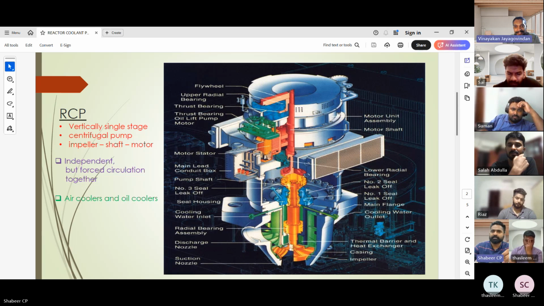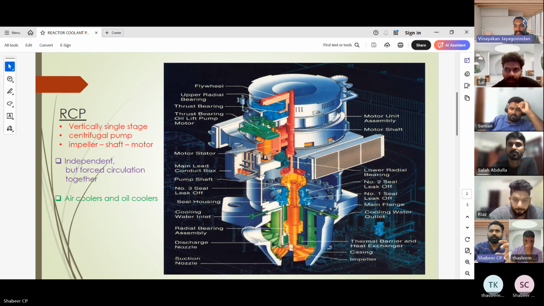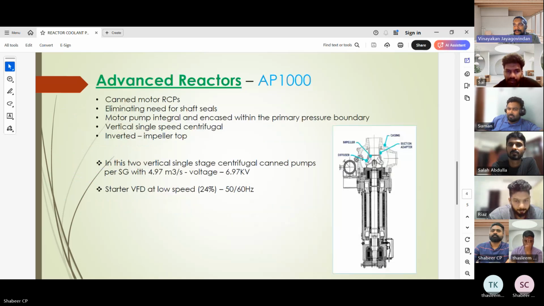Actually, your cursor is not visible. Okay, fine, I got it. You can proceed.